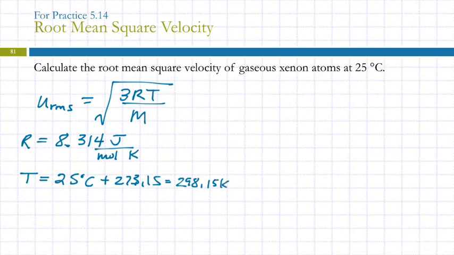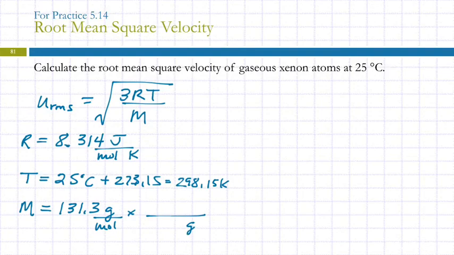And then the molar mass. So we're talking about xenon atoms, periodic table 131.3. What's the unit on that? Grams per mole. We need this to be in kilograms per mole.